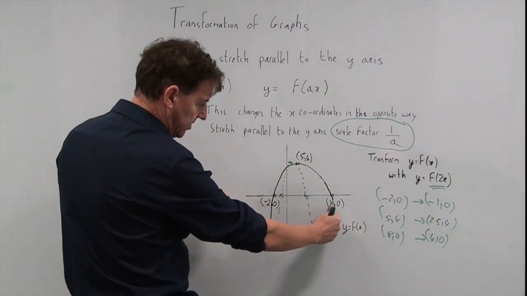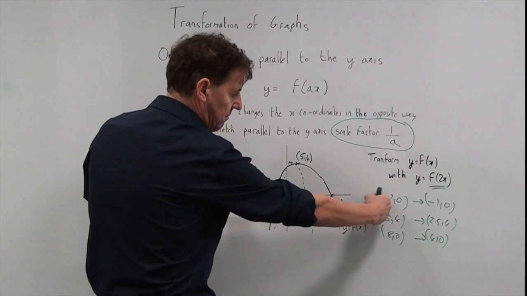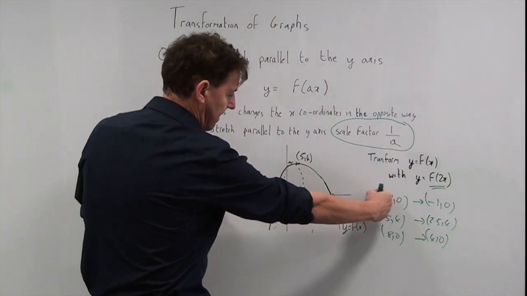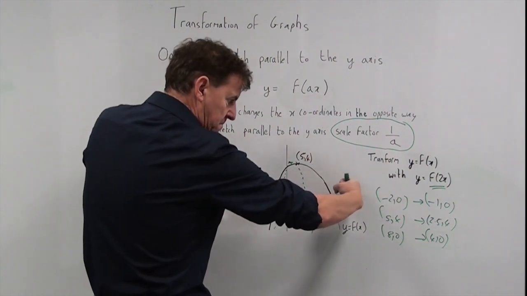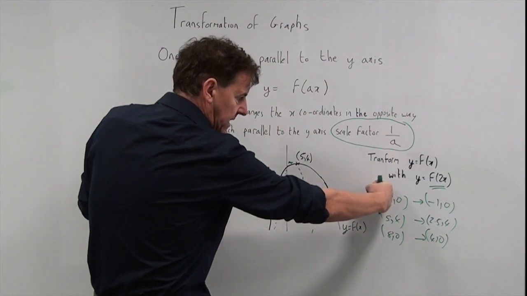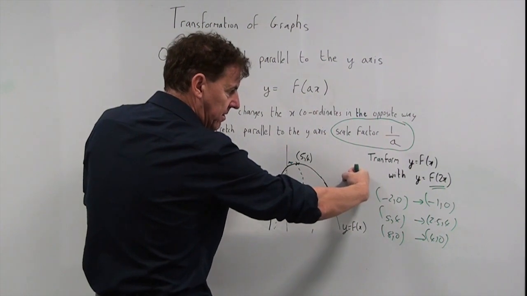Think about it. If it was a half x, or x divided by 2, 8 would go to 16, so it pulls out. -2 would go to -4, so it pulls out. That 5, 4 would go to 10, 4, so the graph is being stretched parallel to the x-axis, with that y-axis being the axis that we're stretching it on.